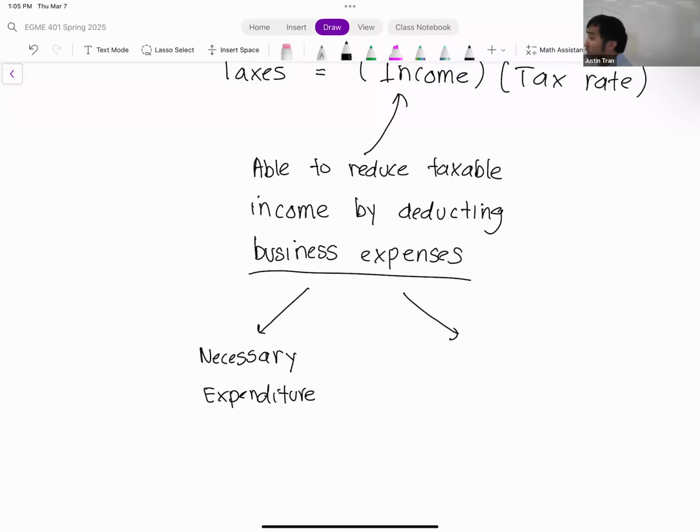These are expenses for materials or labor that generally last less than 1 year. These are either raw materials that are going to get used up and sold, or money that you pay to your employees, so it's used up within a year. The other category of business expenses, which we're going to spend the majority of our time focusing on, is depreciation.